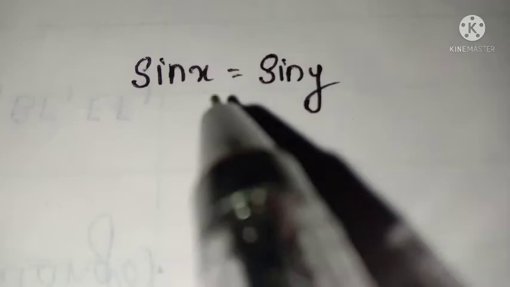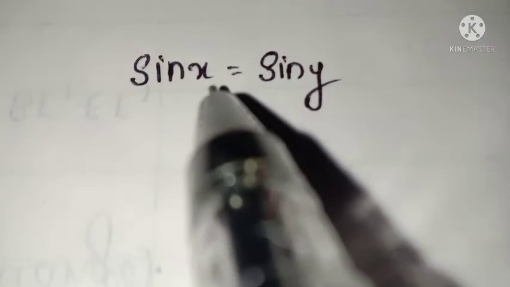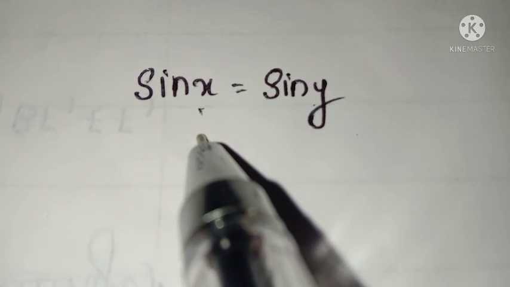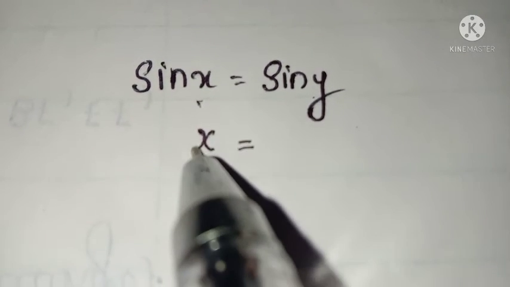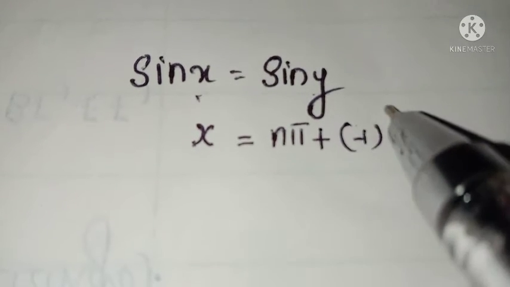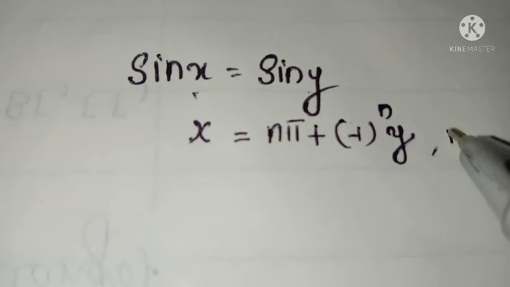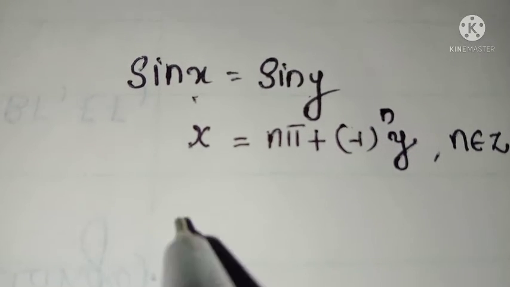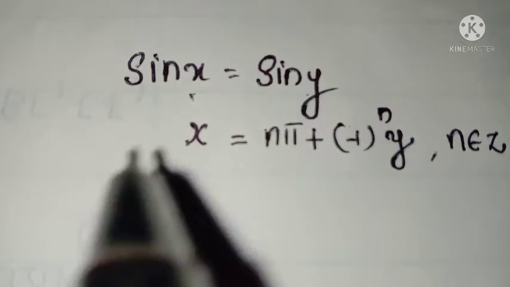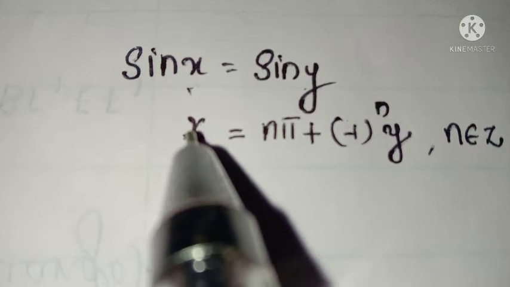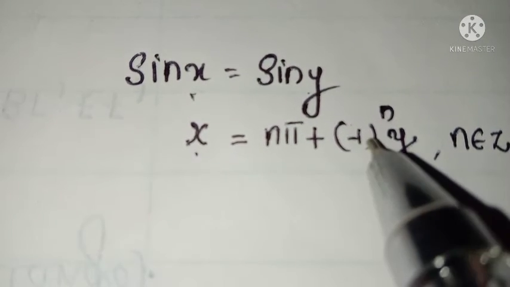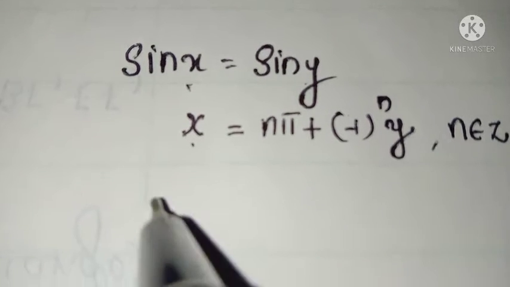Now listen, suppose we have a trigonometric equation in the form sin x equal to sin y. Then the general solution is obtained by x equal to n pi plus minus 1 raised to n times y, where n is an integer. Okay, so any trigonometric equation in the form sin x equal to sin y, we can find the general solution by using the result x equal to n pi plus minus 1 raised to n times y.